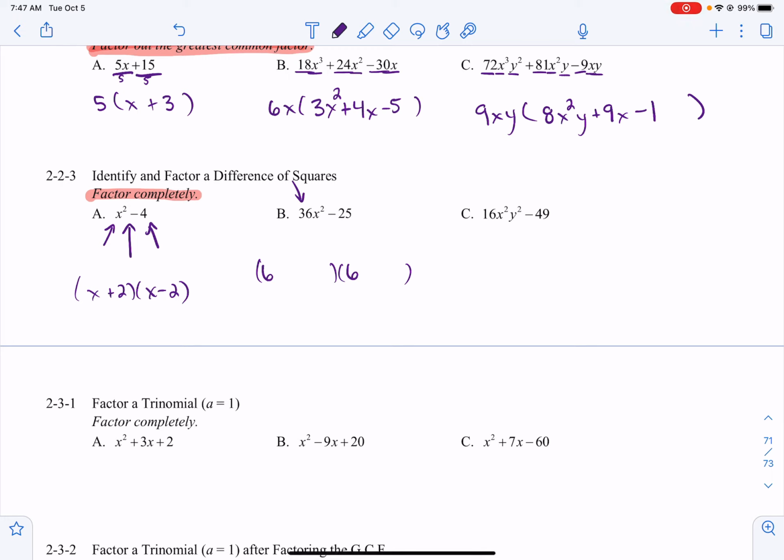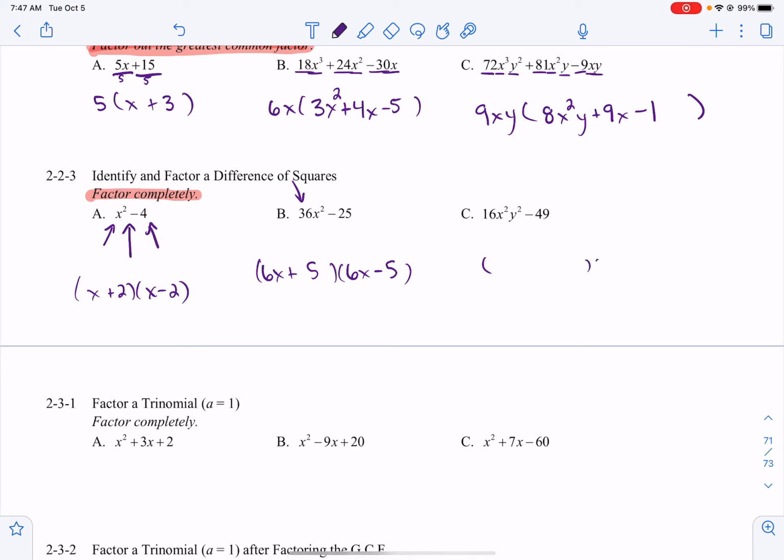X squared is an x and an x, and then I would have a plus and a minus, and 25 is 5 multiplied by 5. Okay, if that 25 had been a 27, that wouldn't have worked because 27 is not a perfect square. It only works because 25 happens to be a perfect square.